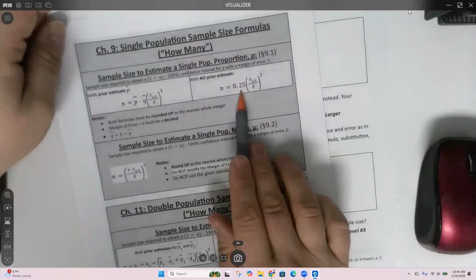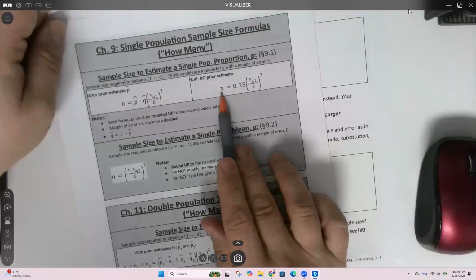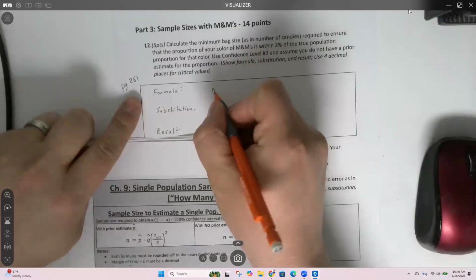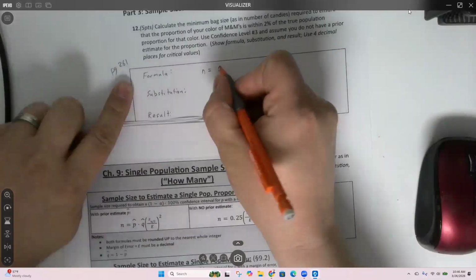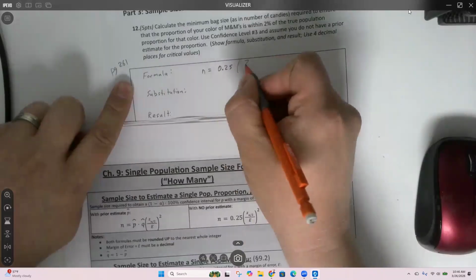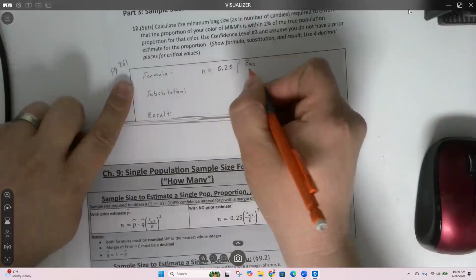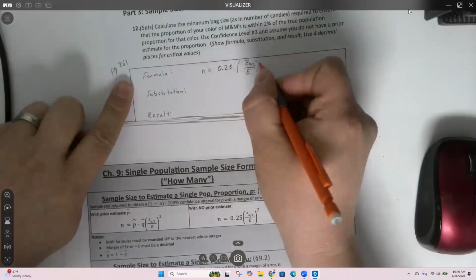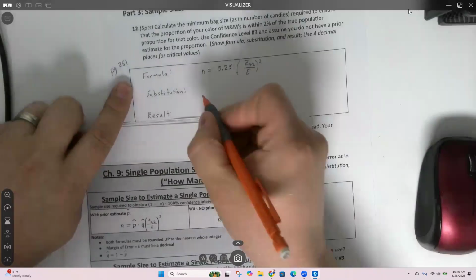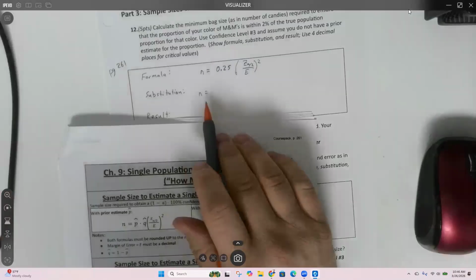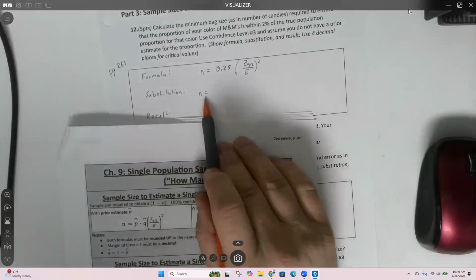This is my formula for a sample size. n equals 0.25 times (z alpha over 2 divided by error rate) squared. So my previous sample size for M&Ms was 140.